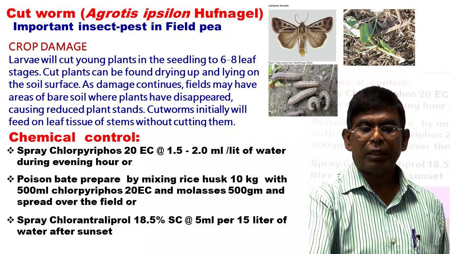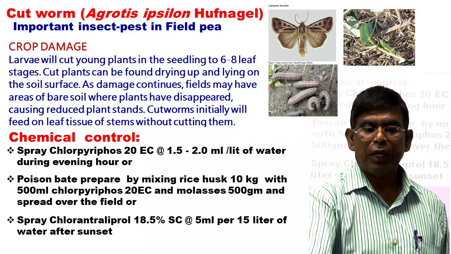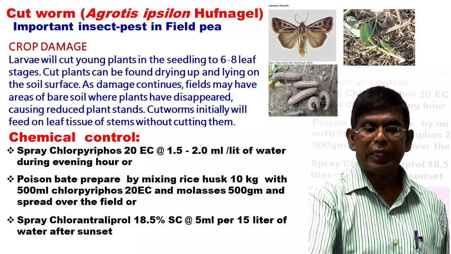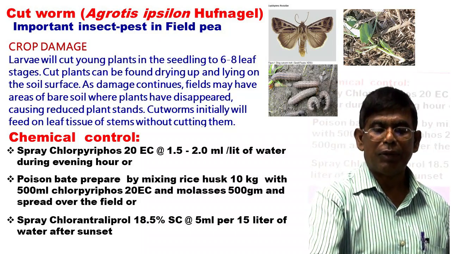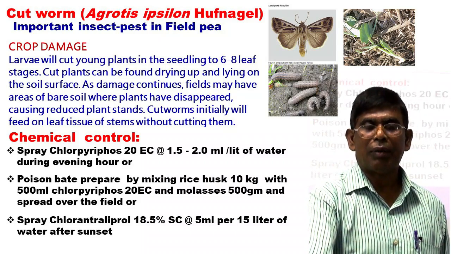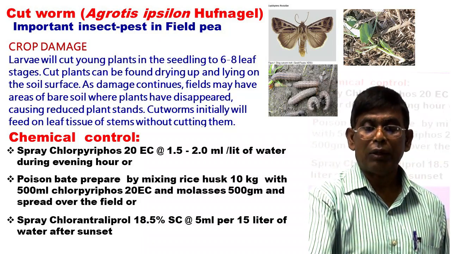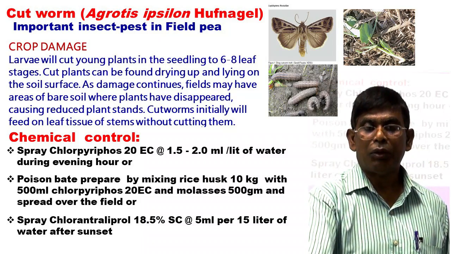And the latest control measure is spray of chlorantraniliprole 18.5% SC at the rate of 5 ml per 15 liter of water after sunset. With this measure, the cutworm can be checked.